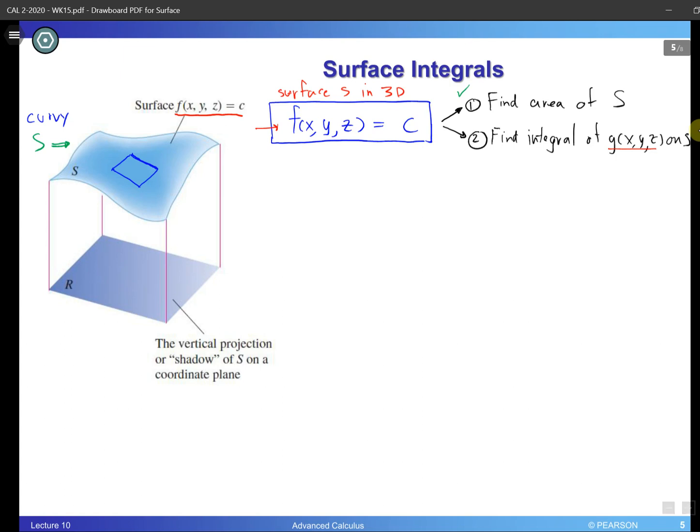So let's make a note right here that this one is tiny parallelogram. Okay, and we want to find the area of this piece. So I'm going to call the area of this piece dP. Area of this equal to dP.